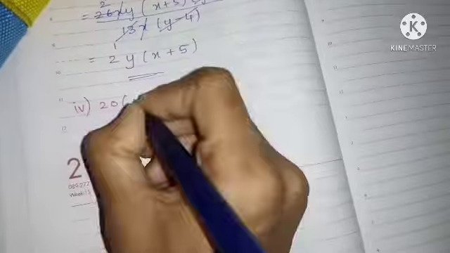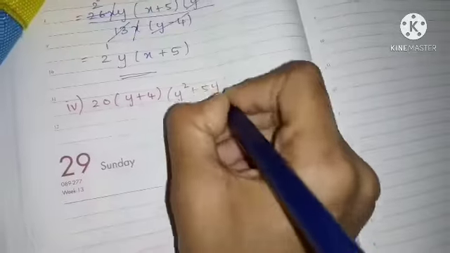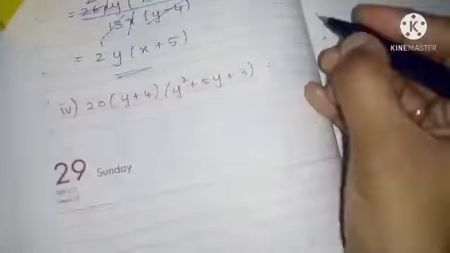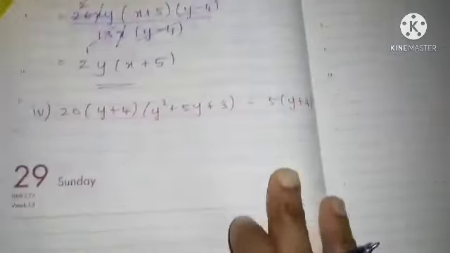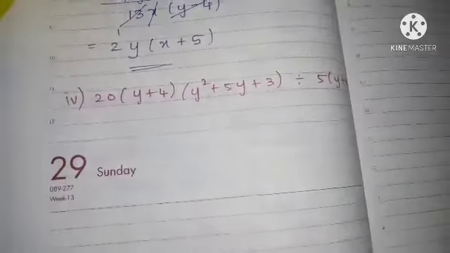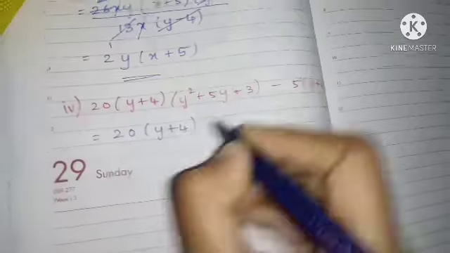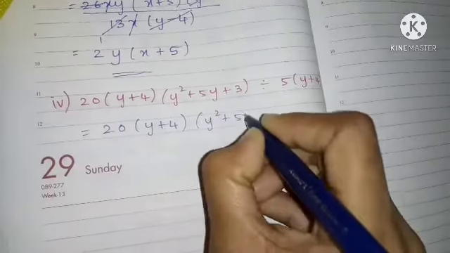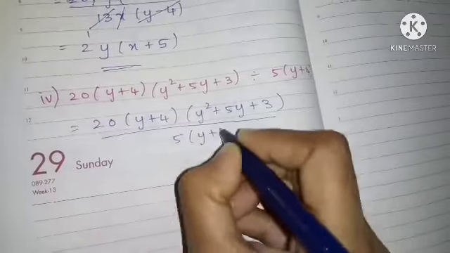So fourth problem: 20 into (y plus 4) into (y square plus 5y plus 3) divided by 5 into (y plus 4).